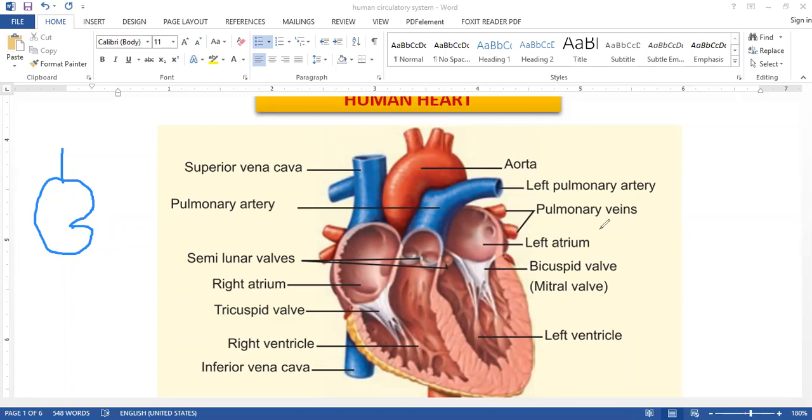For example, you can see here, there are 4 main chambers in the human heart. Look at this one. This is one chamber. Another chamber here. Another chamber here. I can draw in a different color. Another chamber here. This is another chamber.